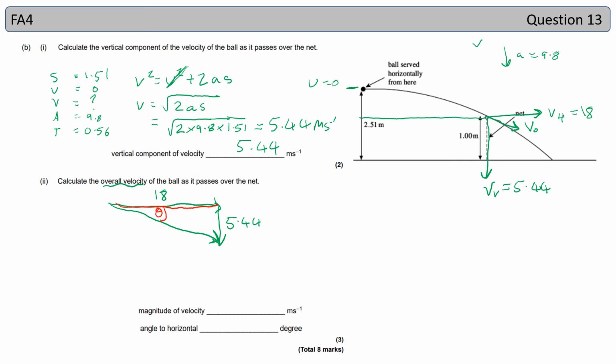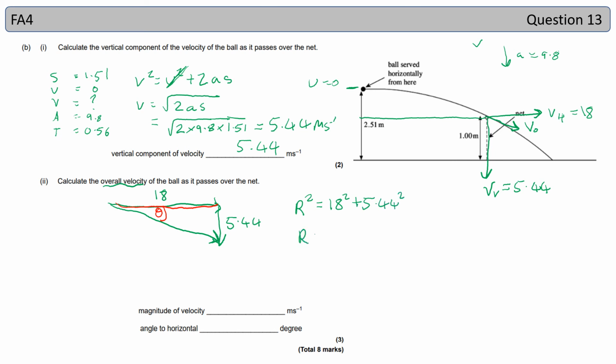And so we can just use Pythagoras to work out the resultant. Resultant squared is equal to 18 squared plus 5.44 squared.